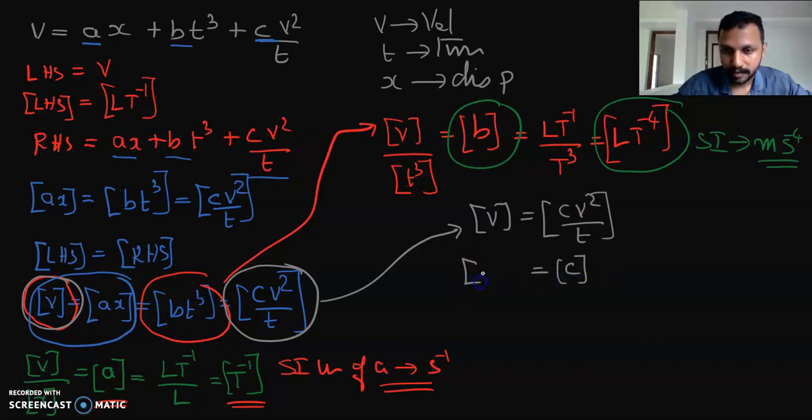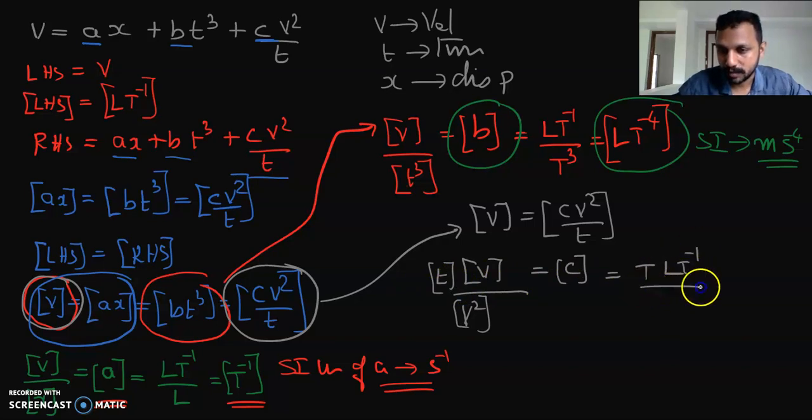It will be the dimensional formula of v, with v² going to the denominator and t going to the numerator. So we have the dimensional formula of t times v, which is LT⁻¹, divided by v², which is (LT⁻¹)².